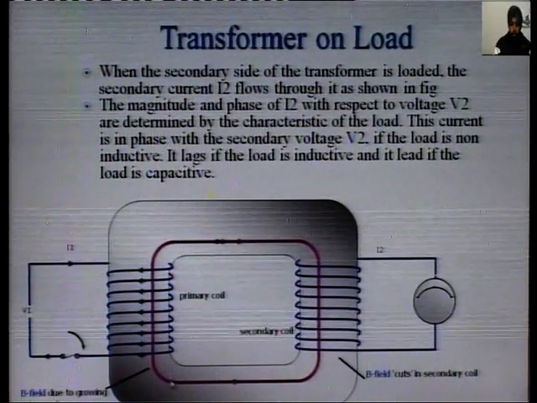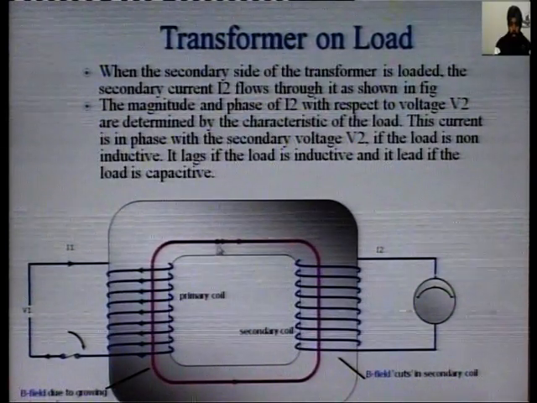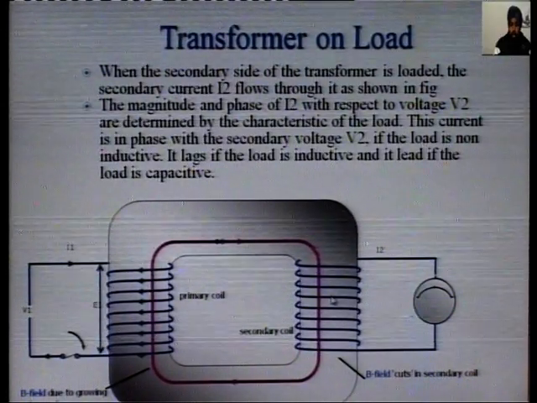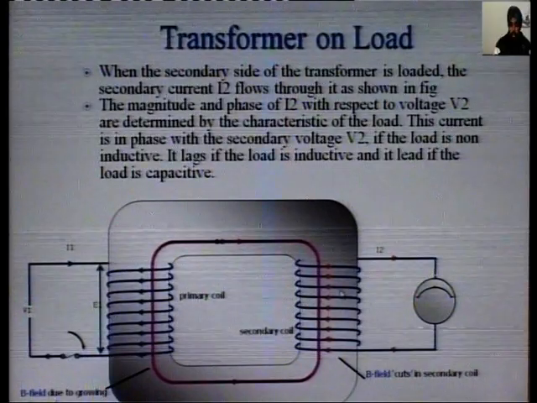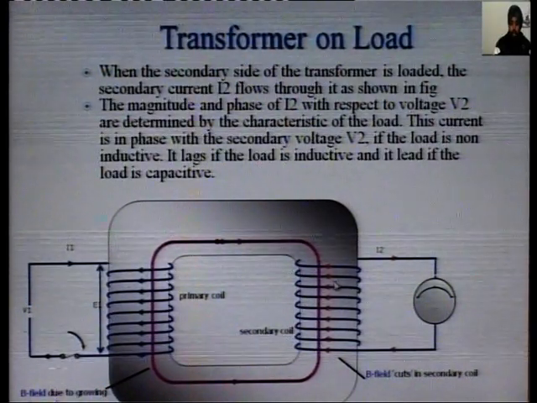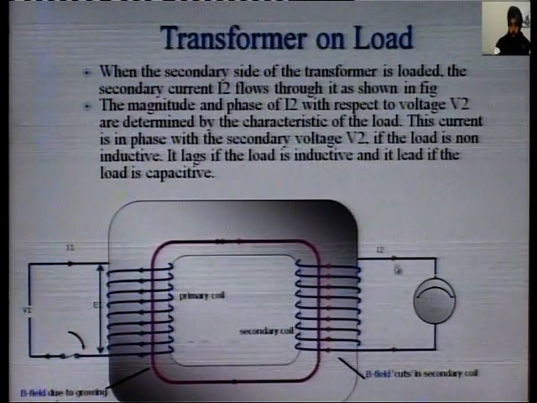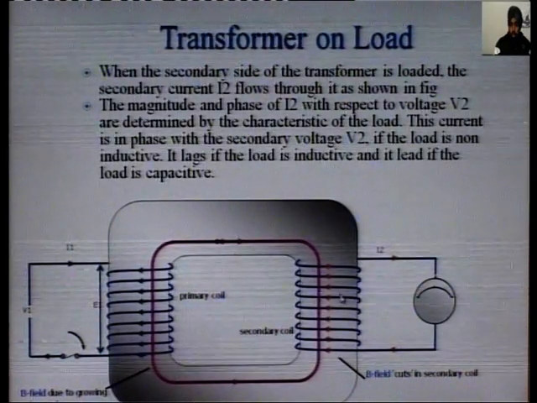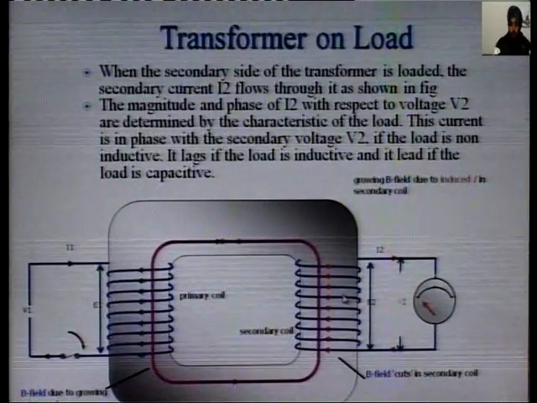This flux is due to the growing primary current, and when it links with the secondary winding, it will produce an EMF in the secondary winding, and current I2 starts flowing through the load in the secondary winding. So when current I2 flows, another flux, phi 2, is produced.